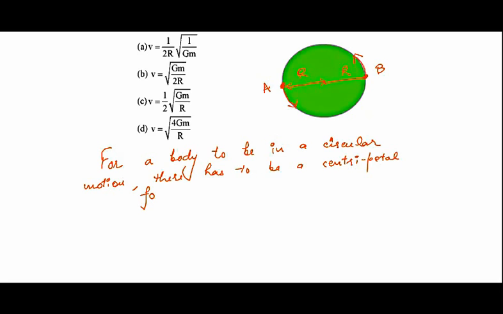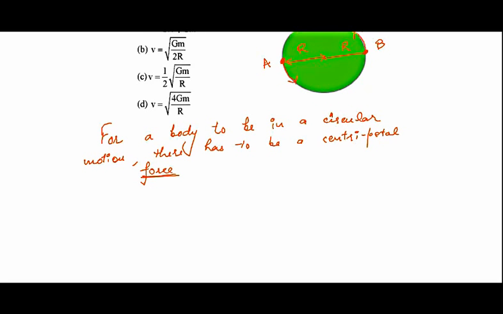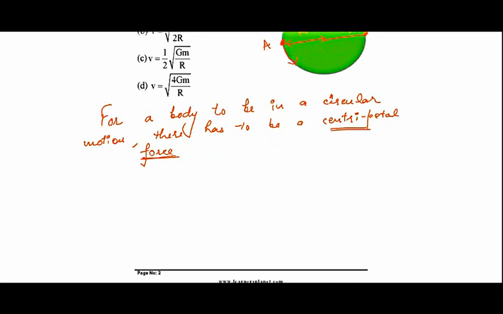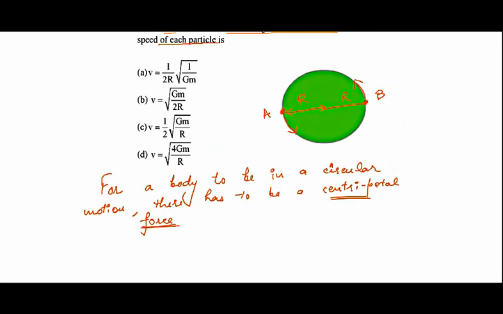Yes or no friends? So if you remember this simple concept that for being in a circular motion you need a centripetal force. Now in this particular case, what is the centripetal force? Centripetal force is always directed towards the center.